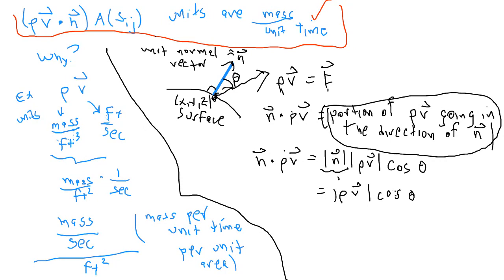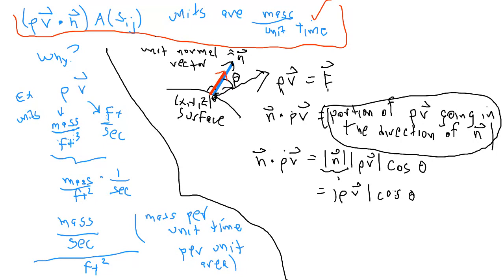So for instance, that might be maybe that is this vector here. Who knows exactly, right? I'm just showing it pictorially.